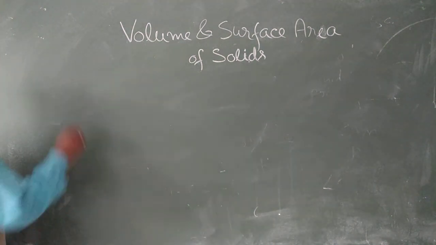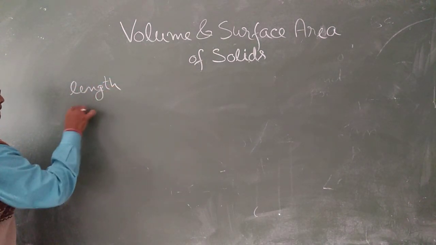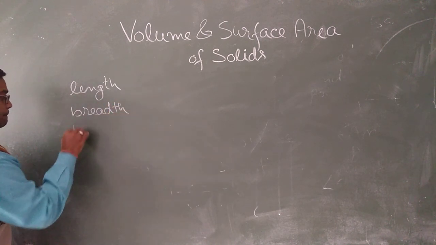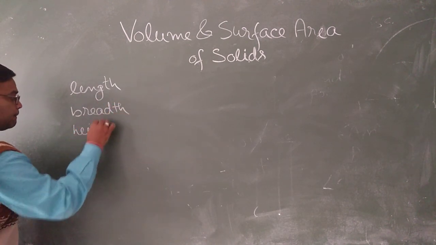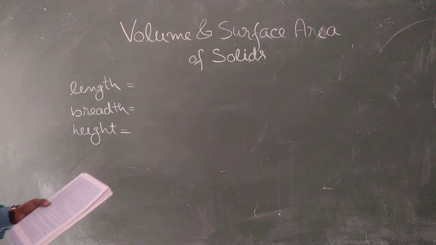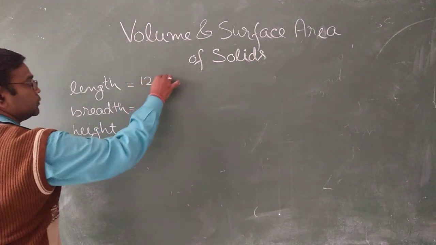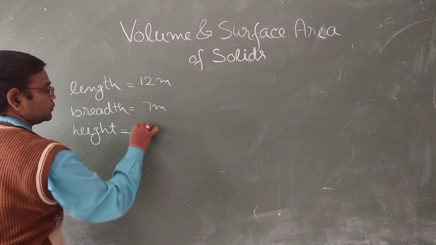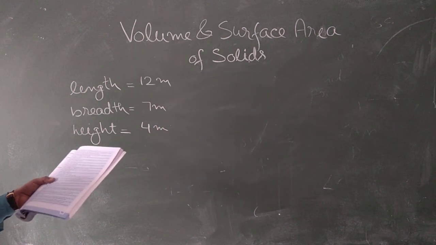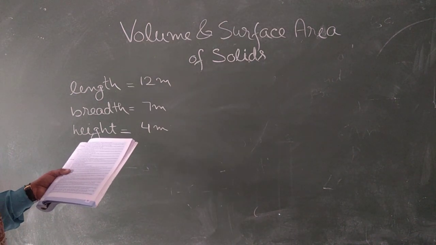So length, breadth and height are given to you: 12, 7 and 4 meter.